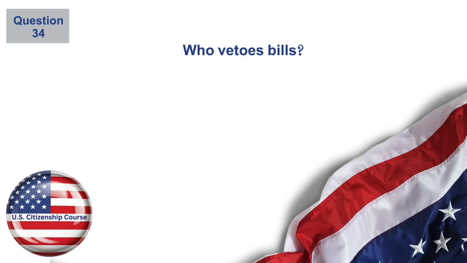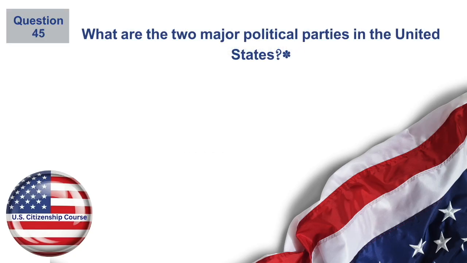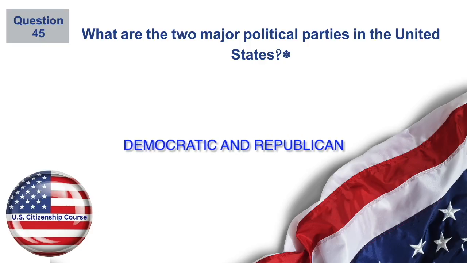Who vetoes bills? The President. What are the 2 major political parties in the United States? Democratic and Republican.